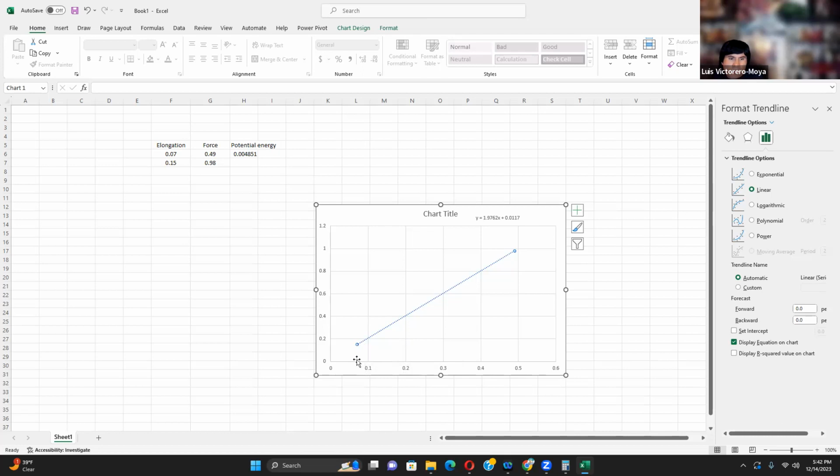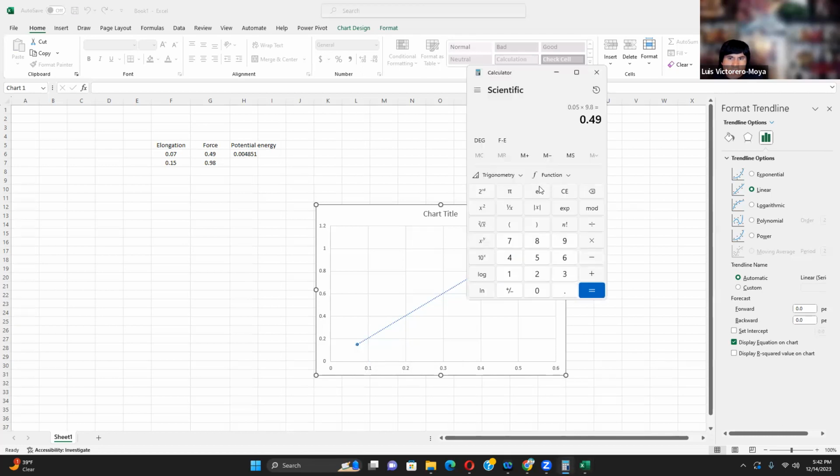Because this will be the force, which is 0.49 times that. So let's see. If I do it using the area for the first point, it will be base times height divided by 2.